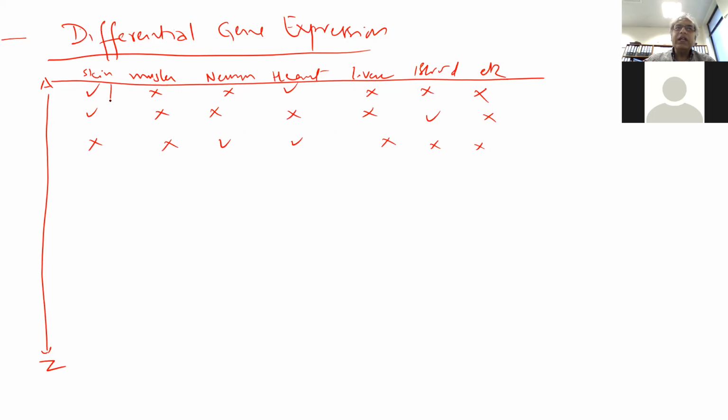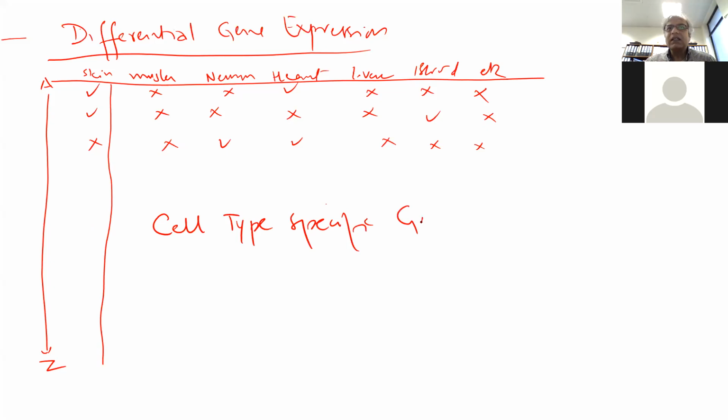So in the 21st century, what we are trying to see is the cell type specific gene expression program in different cell types.